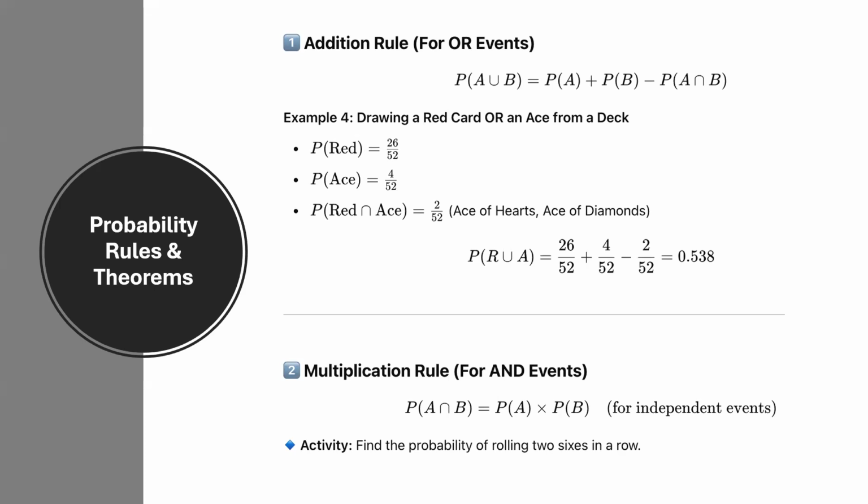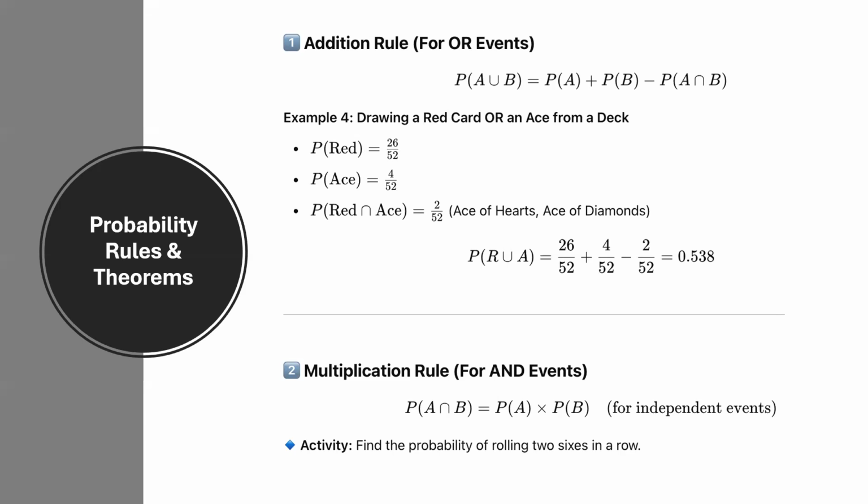Now let's talk about the probability of getting an ace. Keep in mind it's an OR event, either this or that. Because we have not drawn any card so far, the probability of getting an ace: there are 4 aces in the 52-card deck, so the favorable outcomes are 4, divided by the total number of possible outcomes, 52.